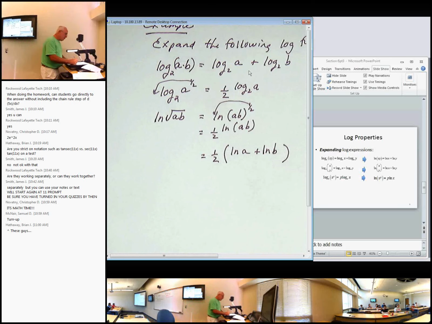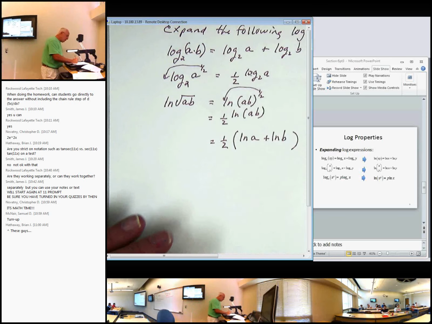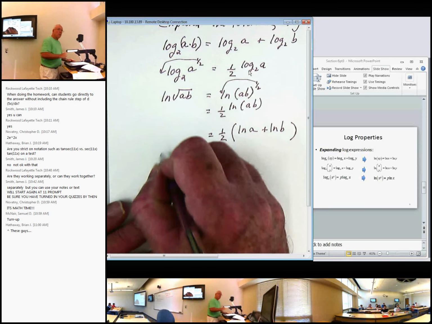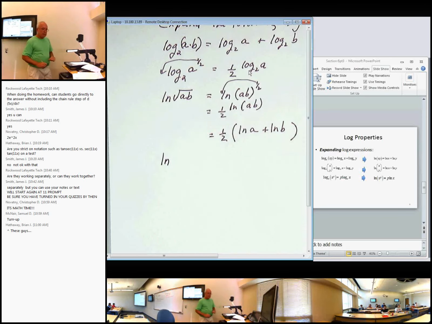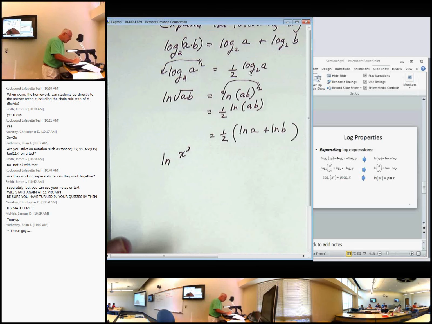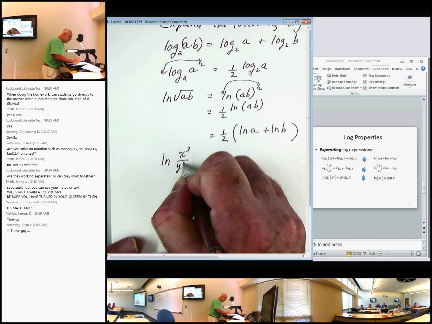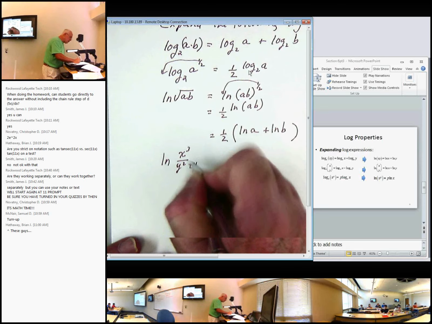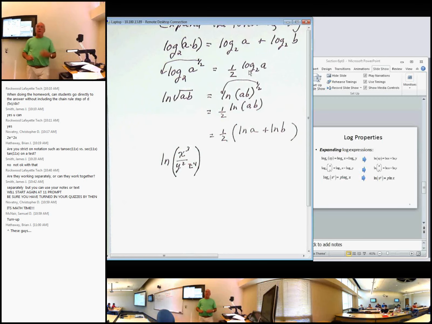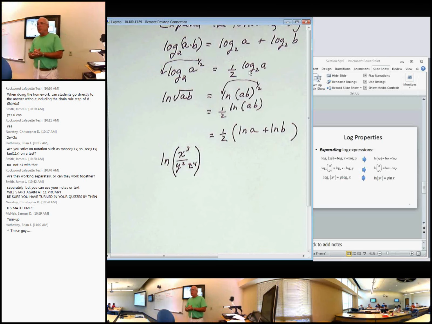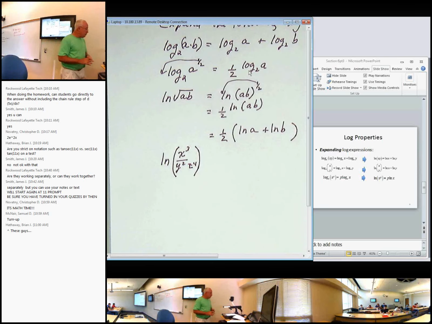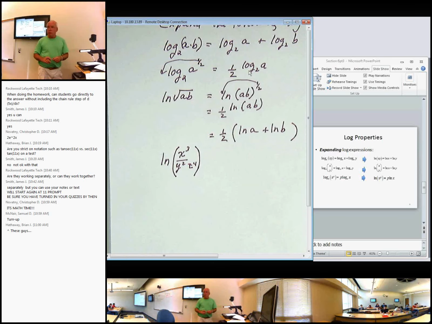All right. How about something even more complicated that we want to expand? Let's expand the ln of x to the third divided by y squared z to the fourth. So this whole expression here, the ln is being applied to this whole expression. All right. So we get actually to use, I think, pretty much all three rules here when we expand this.